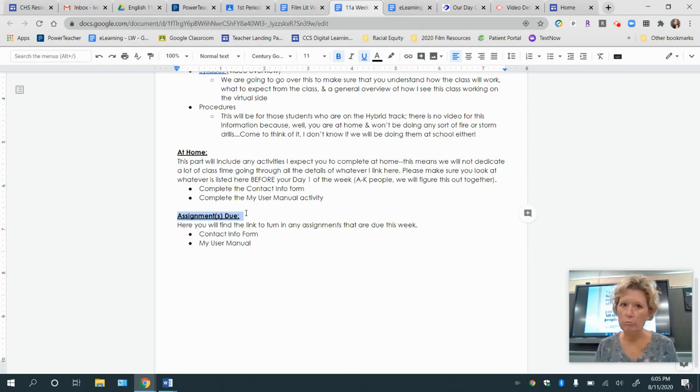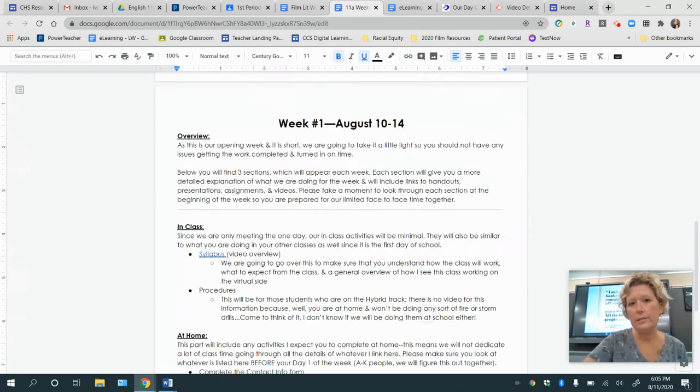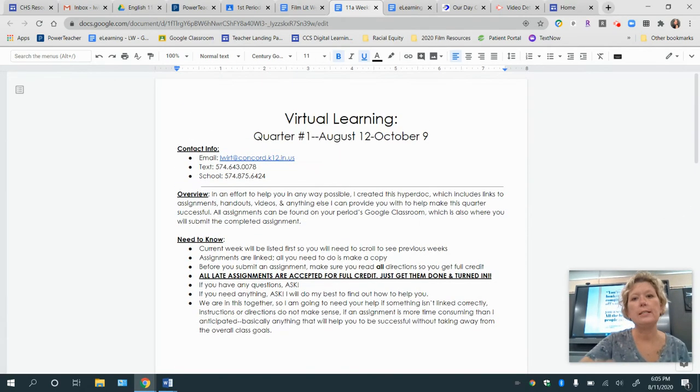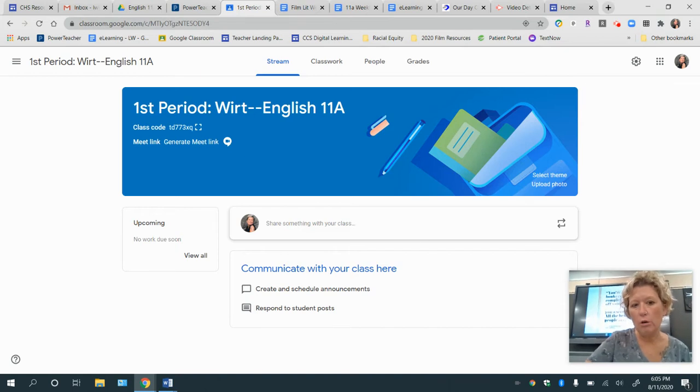Okay, so this is your week at a glance, or excuse me, this is your detailed week for the entire quarter. This is where you go, this simple place to get all the links that you need. Not a fan of Google Classroom because I don't like how you have to go through an entire stream. We'll make it work this semester or this quarter.